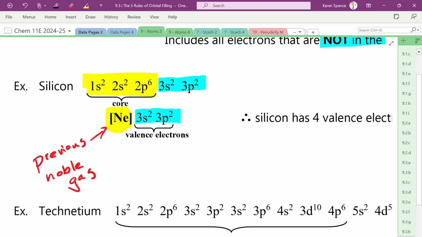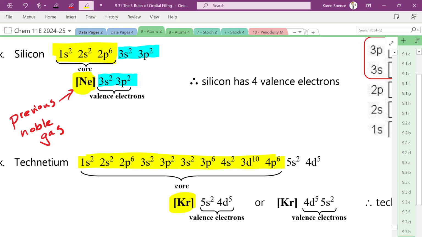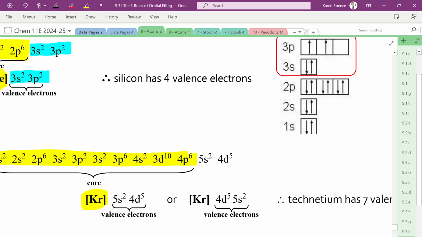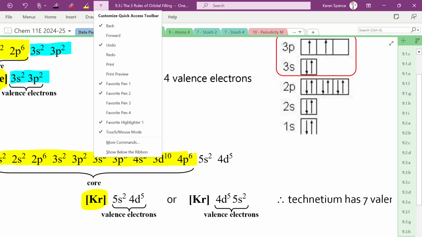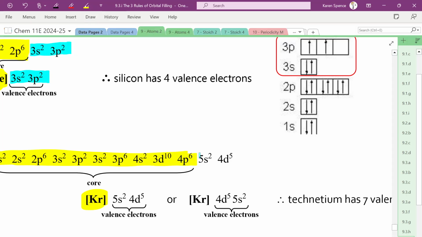But if we have technetium, technetium has a lot of electrons. Our previous noble gas is krypton. And then it has a 5s2 and a 4d5. Is that d subshell filled?